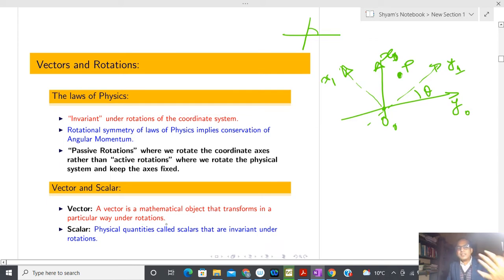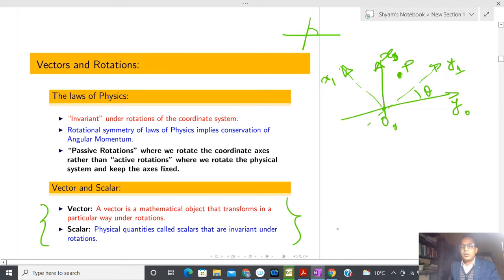If you are going to rotate something, then it is going to transform in some specific way. Now what is the meaning of scalar? That is again some kind of physical quantity called a scalar that is invariant under rotation. Okay, in this way I am going to redefine the vectors and scalars. If something is going to remain invariant under rotation, then I am going to treat that as a scalar. You can see that mass I have.